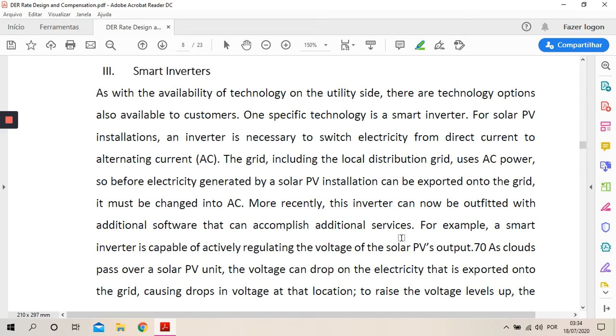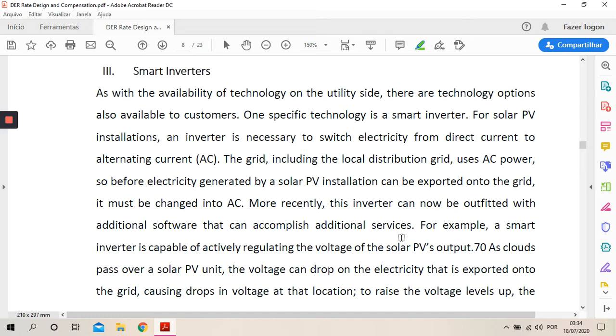Let's see smart inverters. As with the availability of technology on the utility side, there are technology options also available to customers. One specific technology is a smart inverter. For solar PV installations, an inverter is necessary to switch electricity from direct current to alternating current.